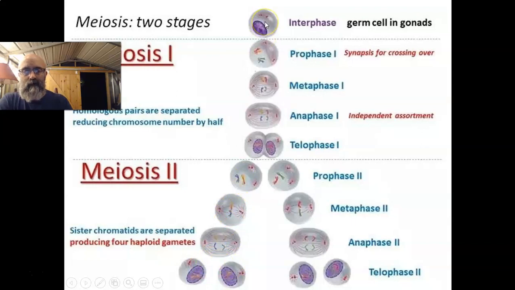So we start with 1, we multiply the number of chromosomes, we divide those, and then before we multiply again, we divide again. Okay, so you go from 1 copy of all the chromosomes to 2 copies of all the chromosomes, and we divide again, and we end up with 4 individual cells.